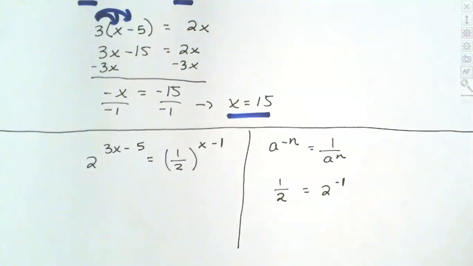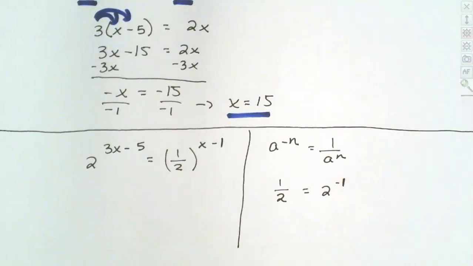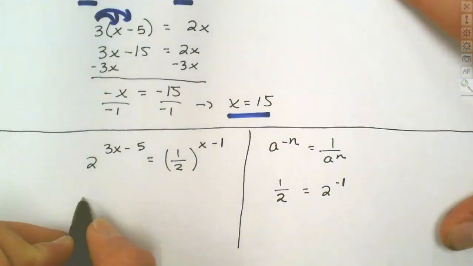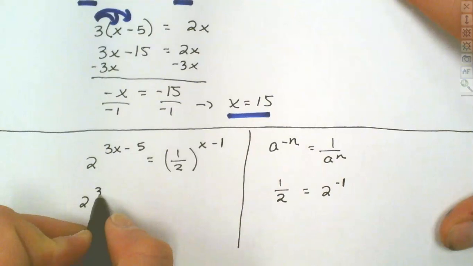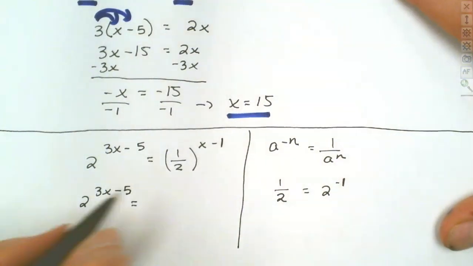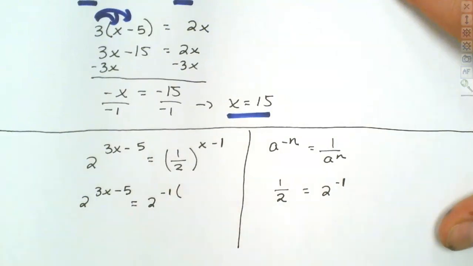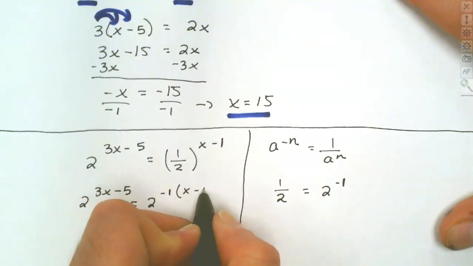Because you can flip it over. Whenever you flip something over, it becomes a negative exponent. And that's what we want. Okay, we want to make sure those bases are the same. So now what we have is we have 2 to the 3x minus 5 power equals 2, and we have a minus 1 on top, and that's going to be multiplied by x minus 1.